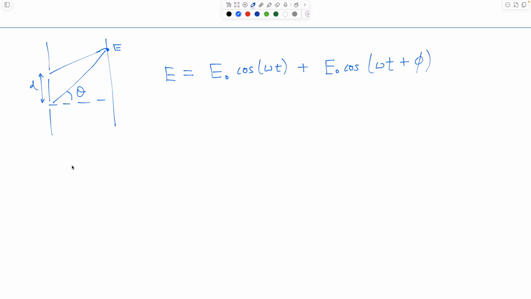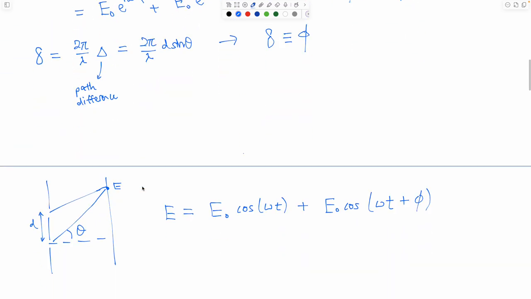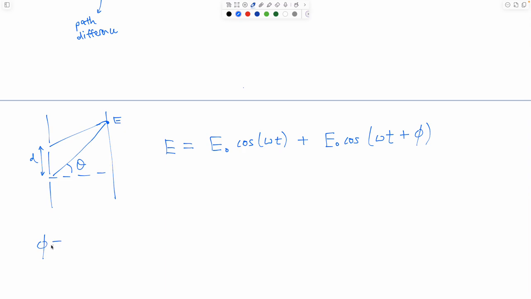And the phase difference phi, as we previously mentioned, is 2 pi over lambda d sine theta.